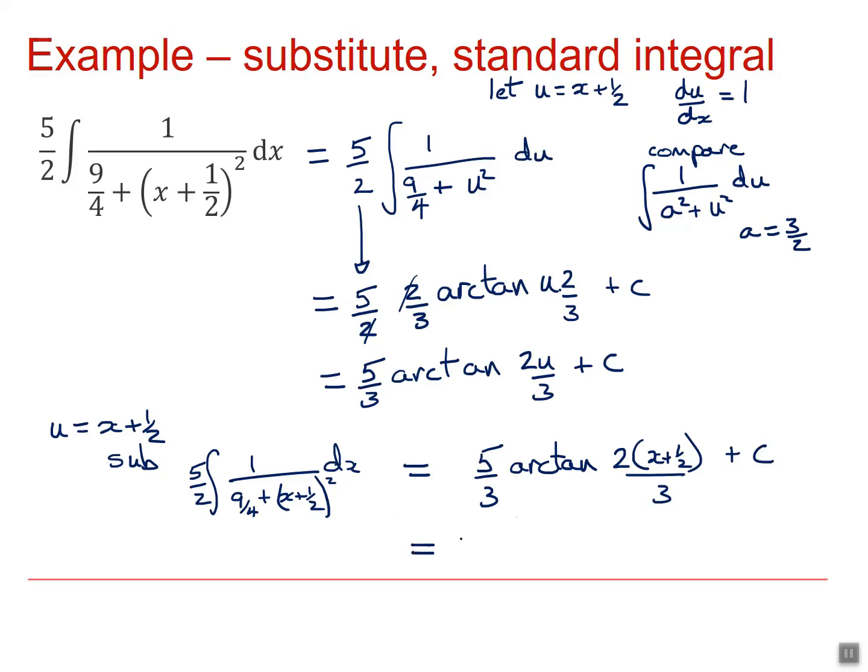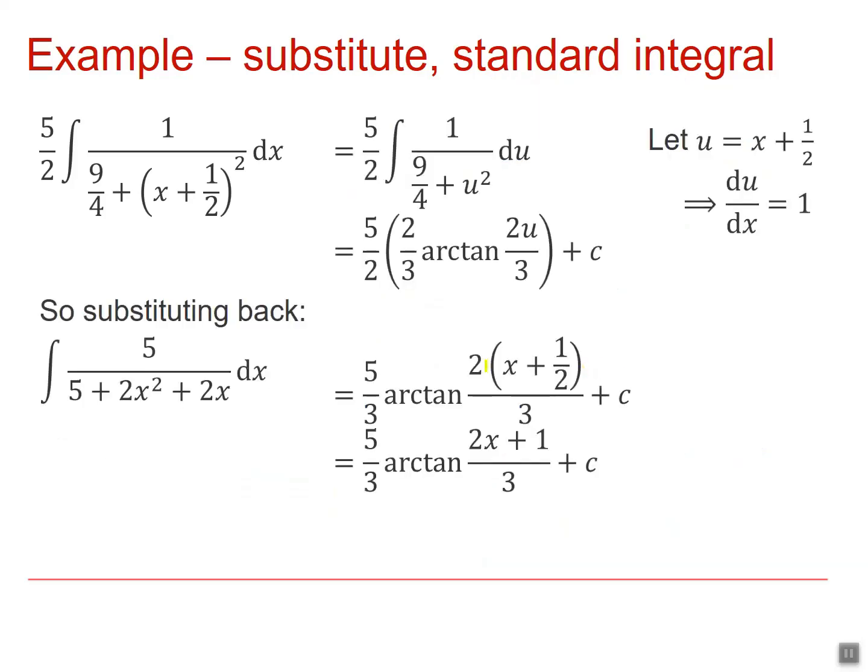And of course we can do a bit here as well, so actually that gives me 5 over 3 arctan 2x plus 1 over 3 plus c. Okay, so there it is tidied up for you. Down here we've worked the integral through in terms of u, and then down to our final result down here.